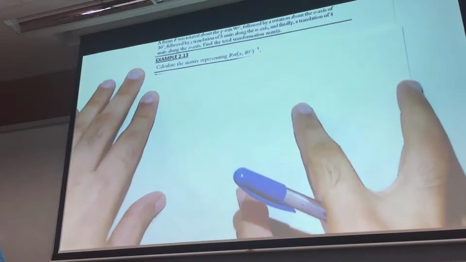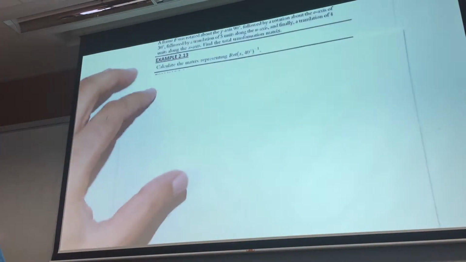If I need to find a matrix representing rotation or inverse of rotation, what do I do? What will I do? If I need to find the inverse of a rotation matrix, we will just do a transpose of that rotation matrix. So straightforward. 2.14.